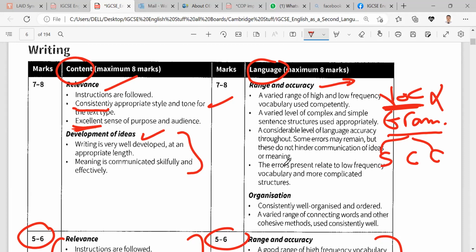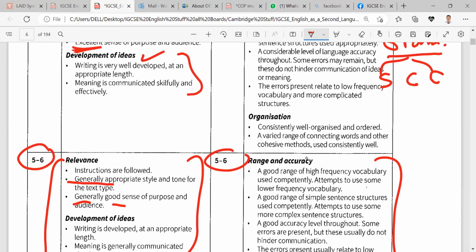The next point for language, Khalid, you need to check organization. What I mean by organization, Khalid, is that you need to connect your paragraphs together. Before you start writing about a new idea, you should introduce this idea by using a varied range of connecting words, like in addition to, in other words, on the other hand, and so on.